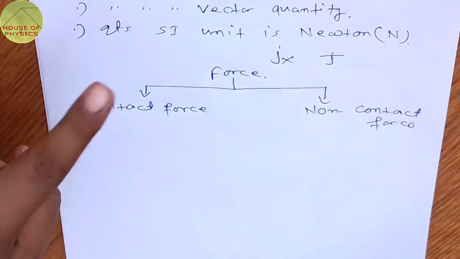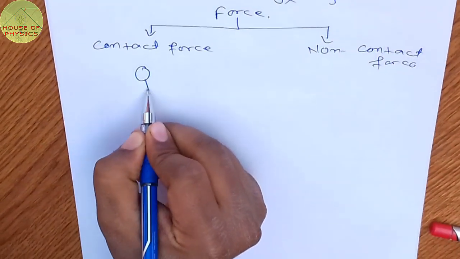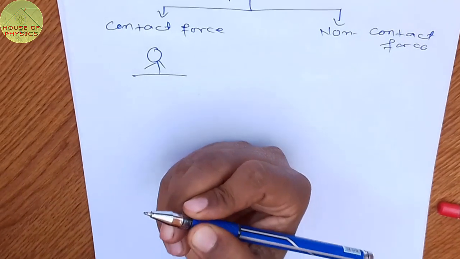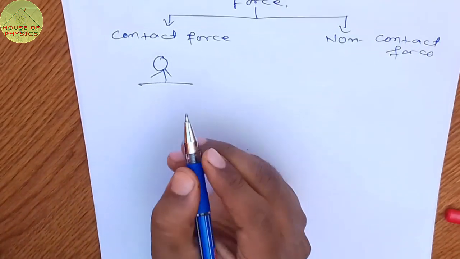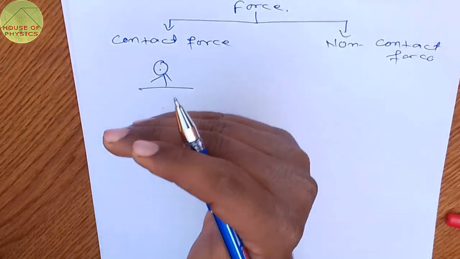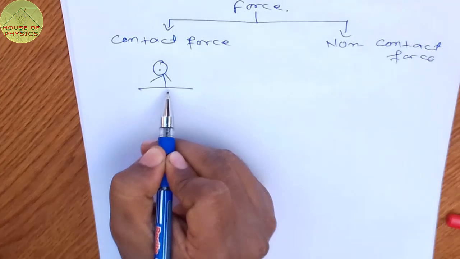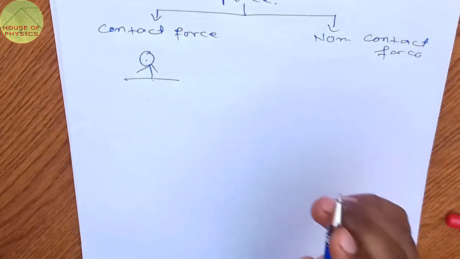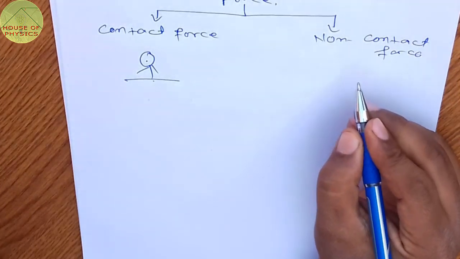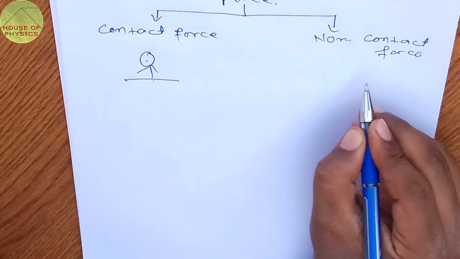For example, take a person standing on the ground. This person is applying a force on the ground and the ground is also applying a force on the person, when the two are in contact. But if I talk about non-contact force, it means the force still acts even if the bodies are not in contact.